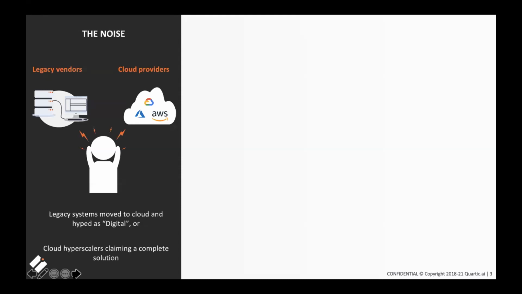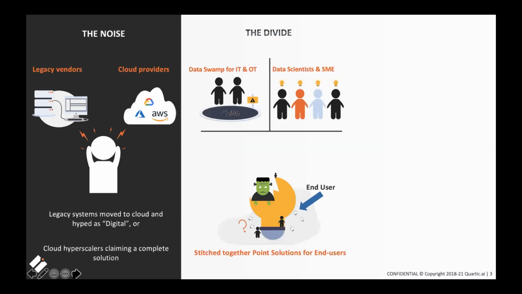So yes, it is true that building a final solution requires a lot of components, managed services, but getting those managed services and building and maintaining a platform is not sustainable, not for manufacturing. The cloud provider should really be used for infrastructure as a service, hopefully without getting into a cloud lock that you don't want. And when it comes to legacy vendors, no, simply putting a legacy historian or SCADA system in a virtual machine in the cloud doesn't make it digital.